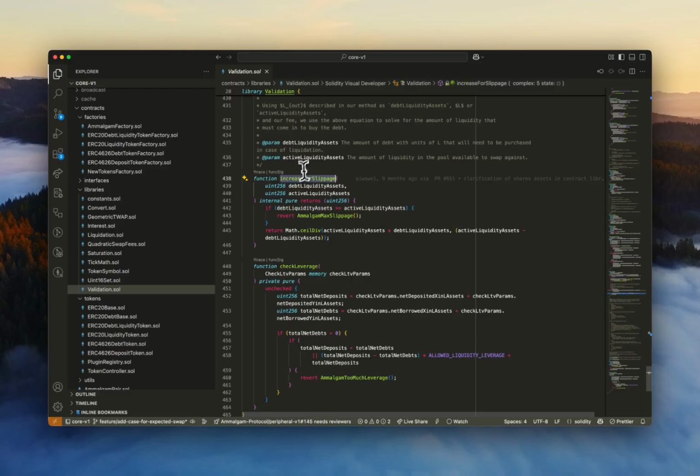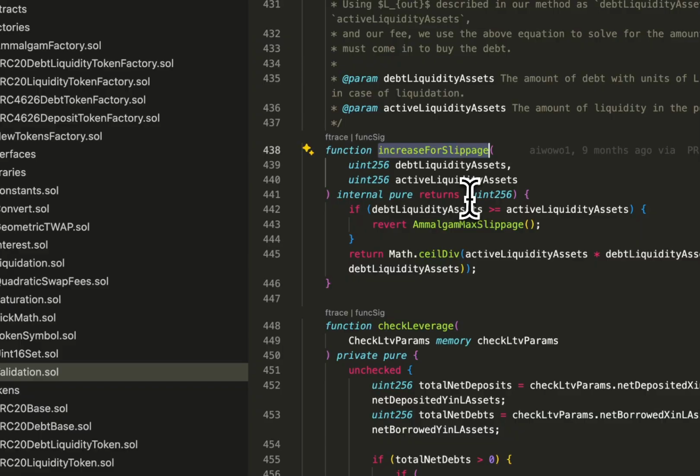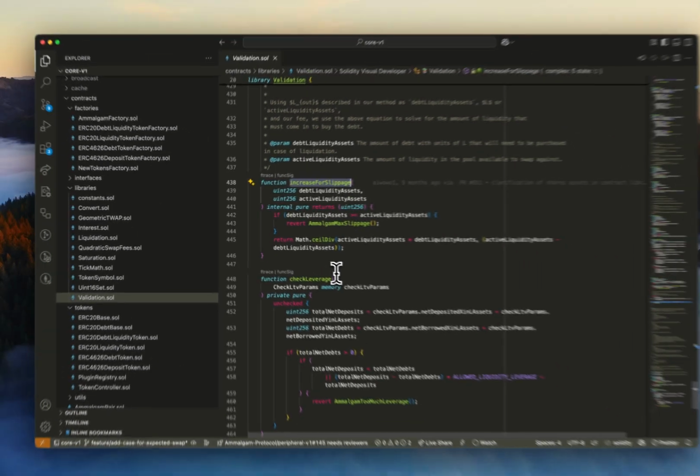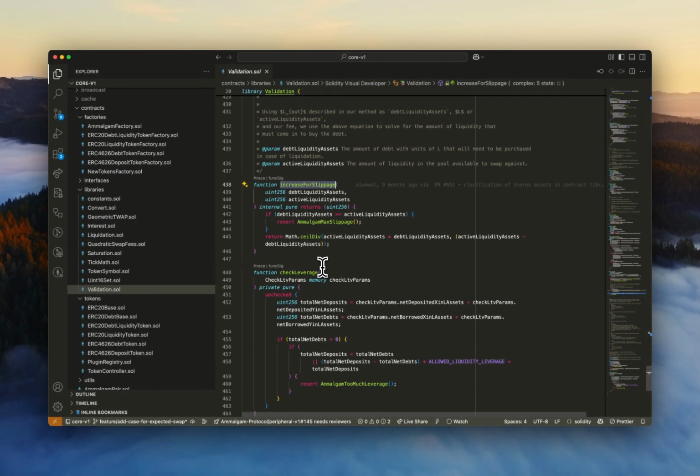So then we increase the debt for the amount of slippage that would occur during that. We also use this same increase when we calculate liquidations. So it tries to offset the slippage of the liquidation.